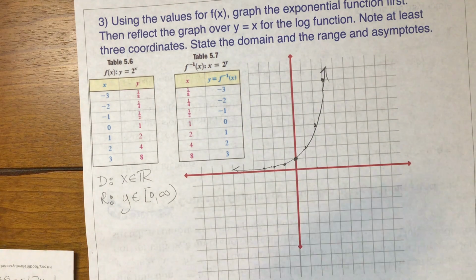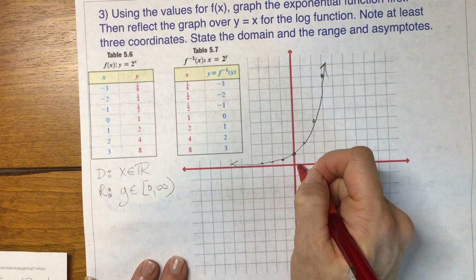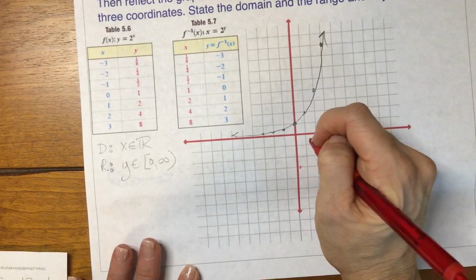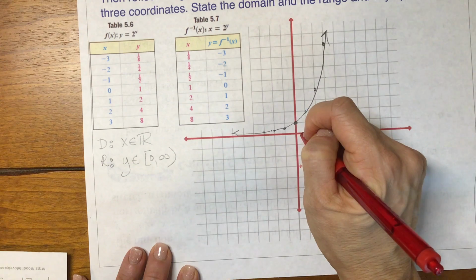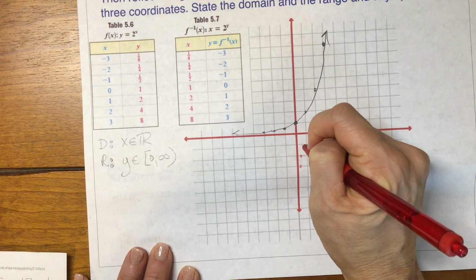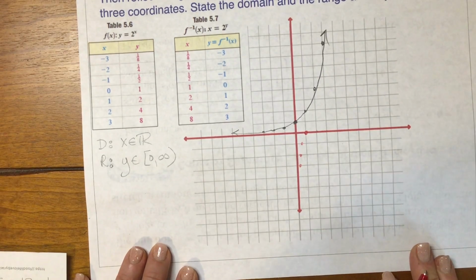And now if we go to graph my inverse function, I'm going to go over 1/8 and down negative 3. And then over 1/4 and down negative 2, over 1/2 and down 1. And here's my x-intercept of (1, 0).